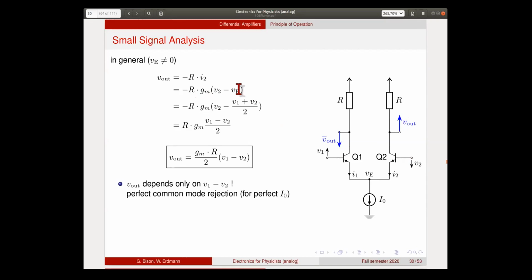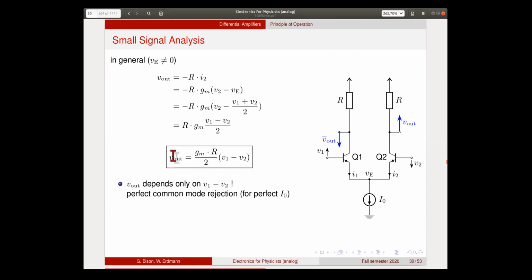Now for VE, we use that it's (V1 plus V2) over 2. And then we get that this is (V1 minus V2) over 2, minus V1 over 2, minus V2 over 2. Yes, so we end up with this expression.